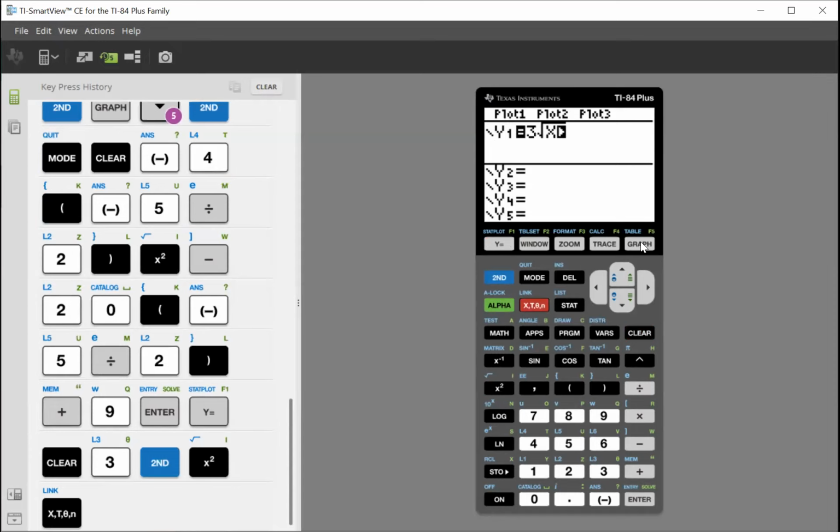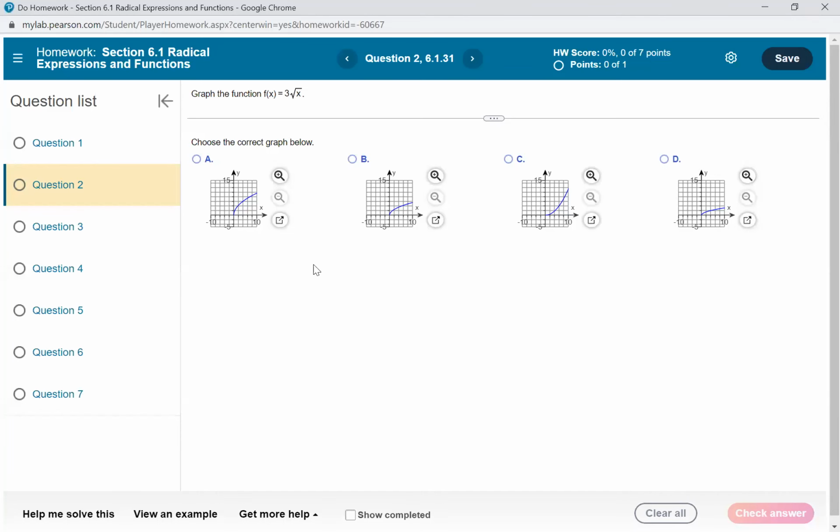And then I'm just going to hit graph. So y'all see that graph. So let's go find a picture. Y'all A, B, C, or D, that really looks like, I'm going to play with it and go with the A on this.